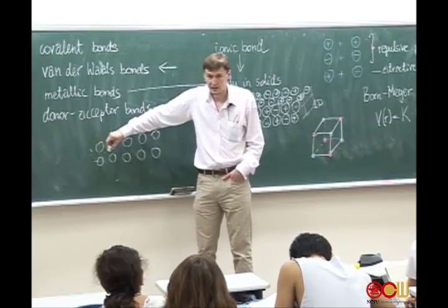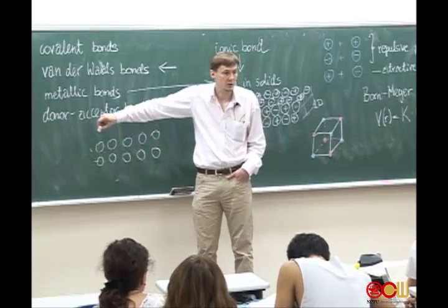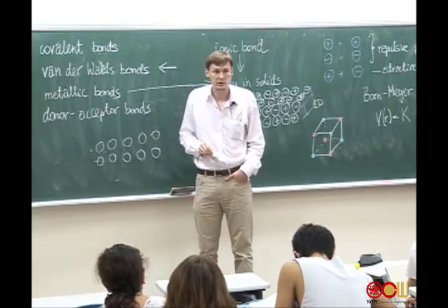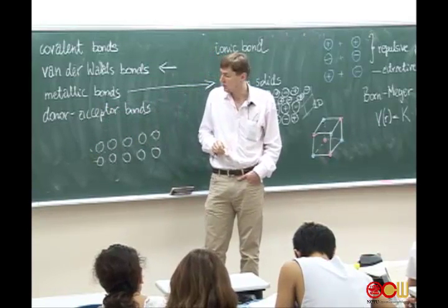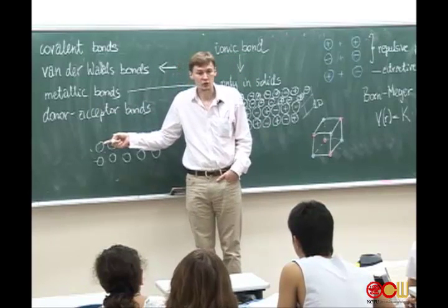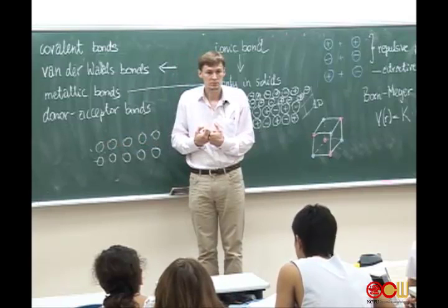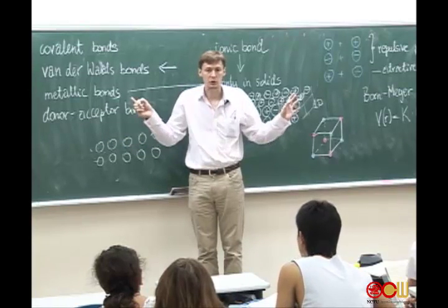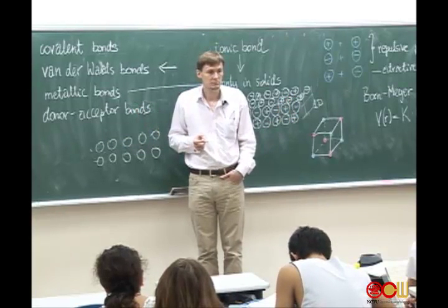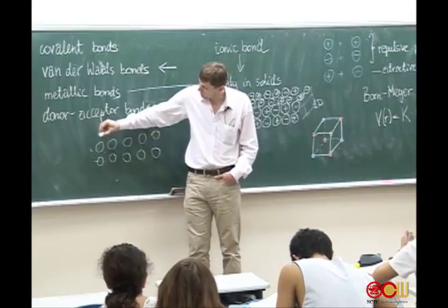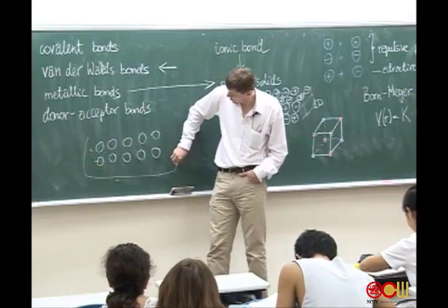And these electrons can travel through all the possible structure, through all the solid. It means that one electron and the atom are not connected together like in a molecule. The electron belongs to all atoms at the same time. So the electrons make a soup.